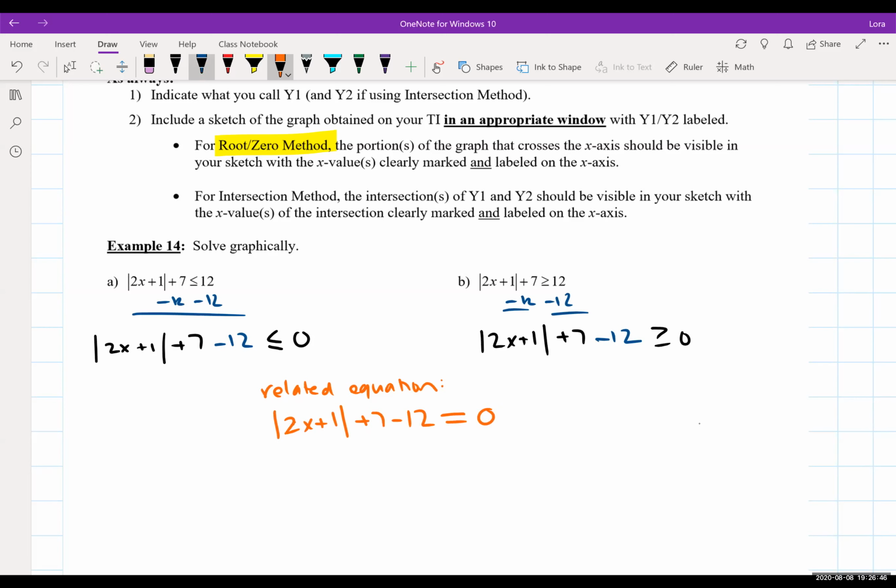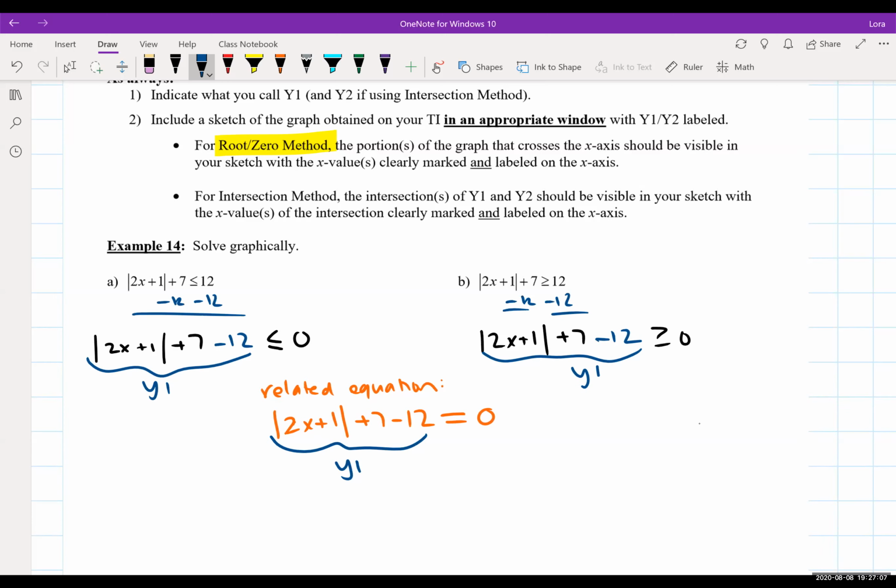In all cases, if you're trying to name your y1, it's always going to be the non-zero side, whether you're talking about the related equation or the inequality. So see how the y1 is the same for all three cases.